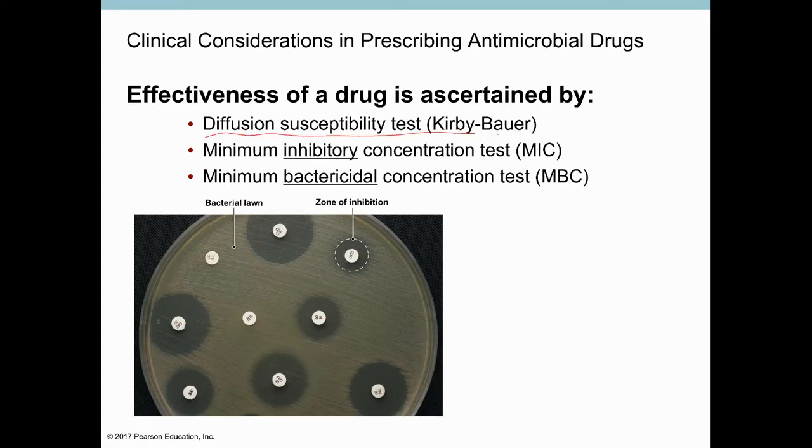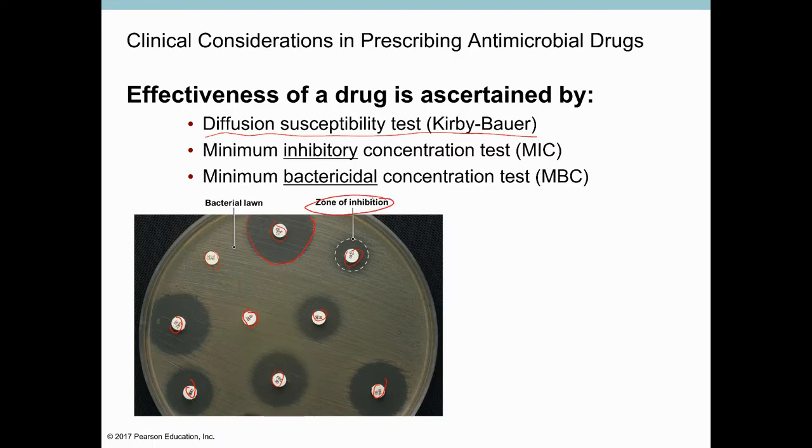One of the tests is something we did in lab. It's called the Kirby-Bauer test. In the Kirby-Bauer test, as in the picture, you spread a bacterial species all over the plate, and then you drop antibiotic discs onto that spread plate and incubate overnight. The drug diffuses from the disc outward in all directions, and there will be a zone of clearing.